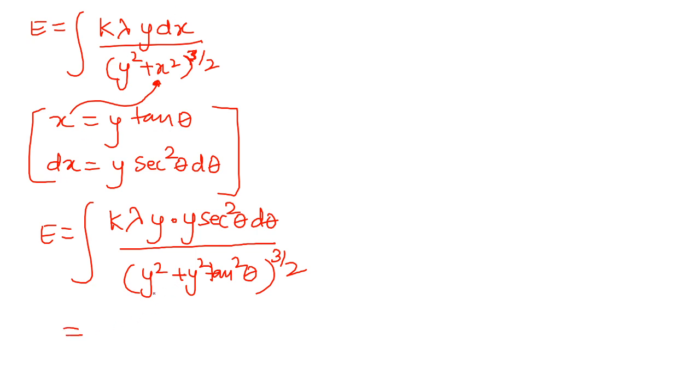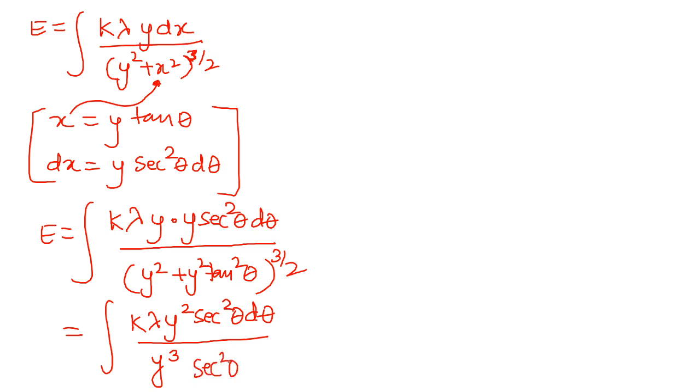So guys, from here y square I'll take out, so y square power 3 by 2 is there. So integral of k lambda y square sec square theta d theta, integral of y cube comes out, and we will be left with 1 plus tan square theta, which is sec square theta. So you are left with sec square theta power 3 by 2.